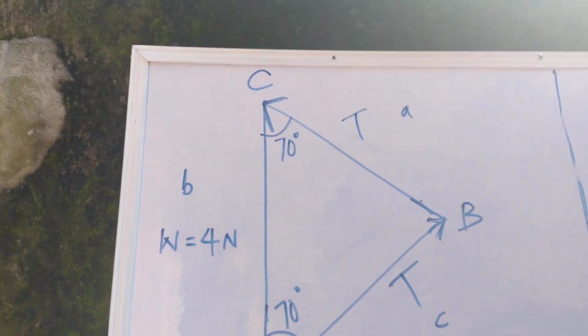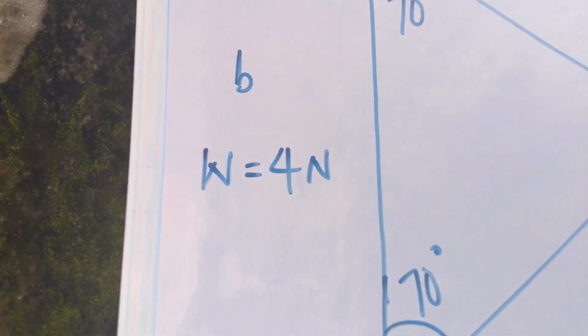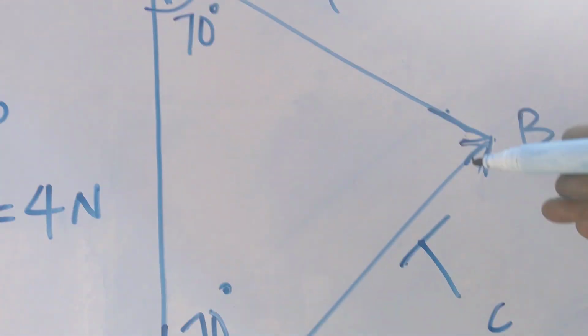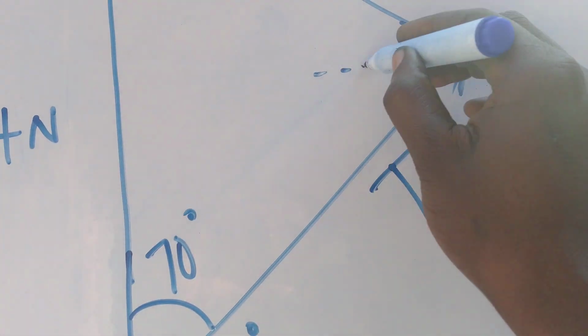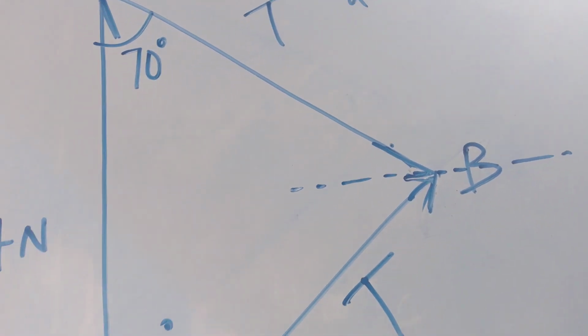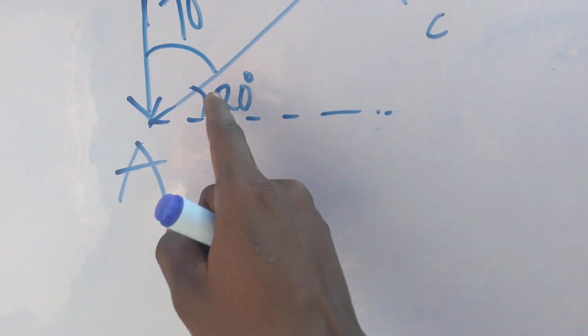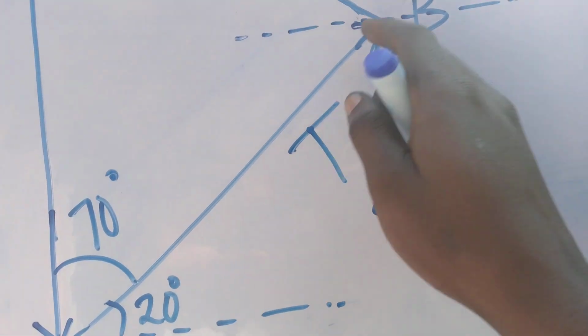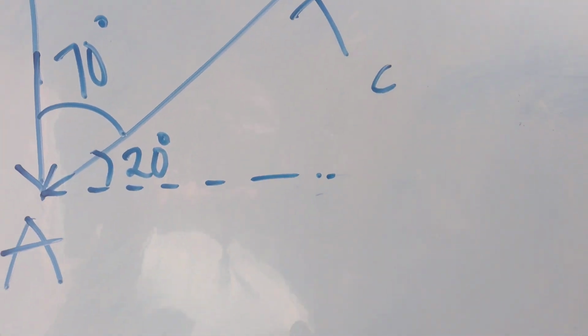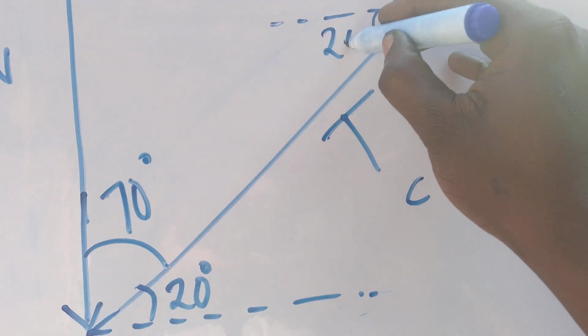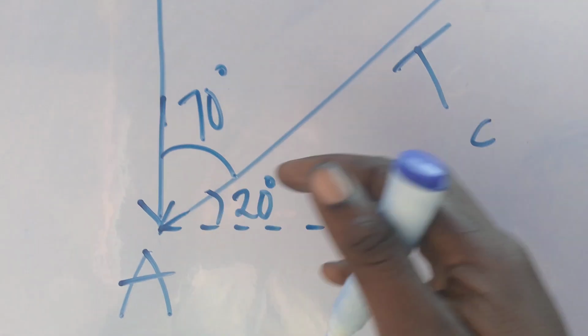Alright, so let's solve that quickly. Now we should know that this 70 degrees, let's look at this. Take a line like this, and you see that 20 degrees will alternate here as 20, and 70 will alternate here.